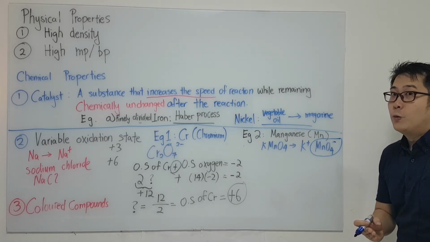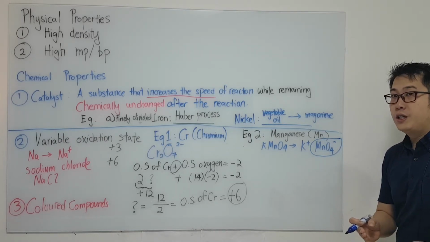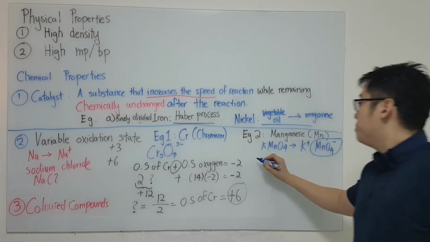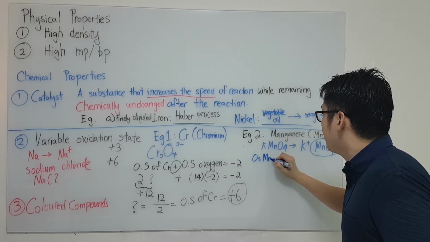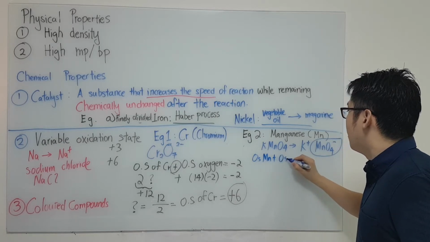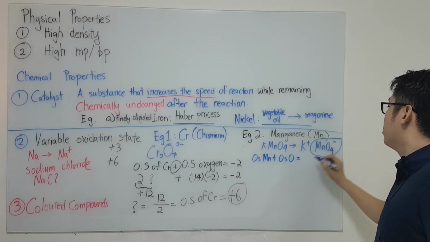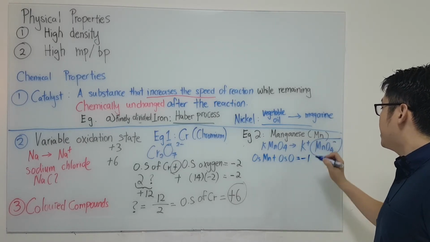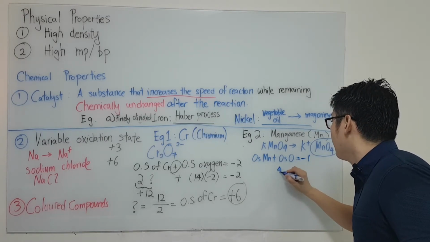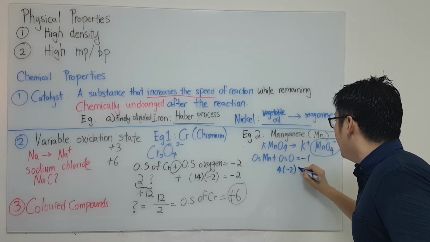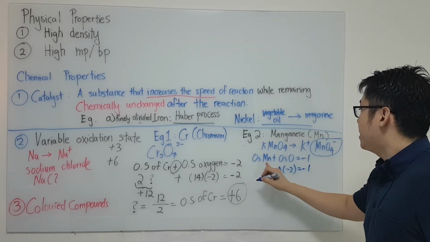Again, we know that the oxidation state of oxygen is -2. So this means that the oxidation state of your manganese plus the oxidation state of your oxygen is equals to -1. So in this case, because we have 4 oxygen, it is 4 times -2, and the total equals -1.